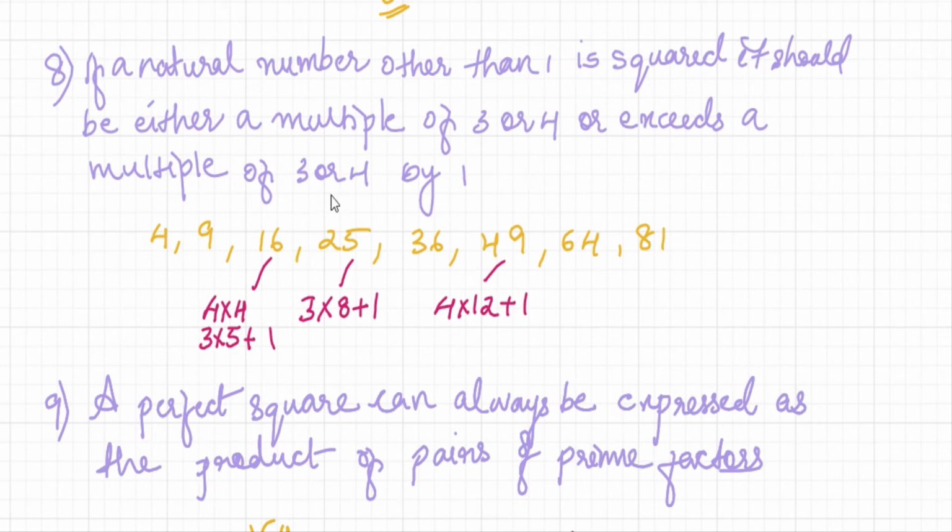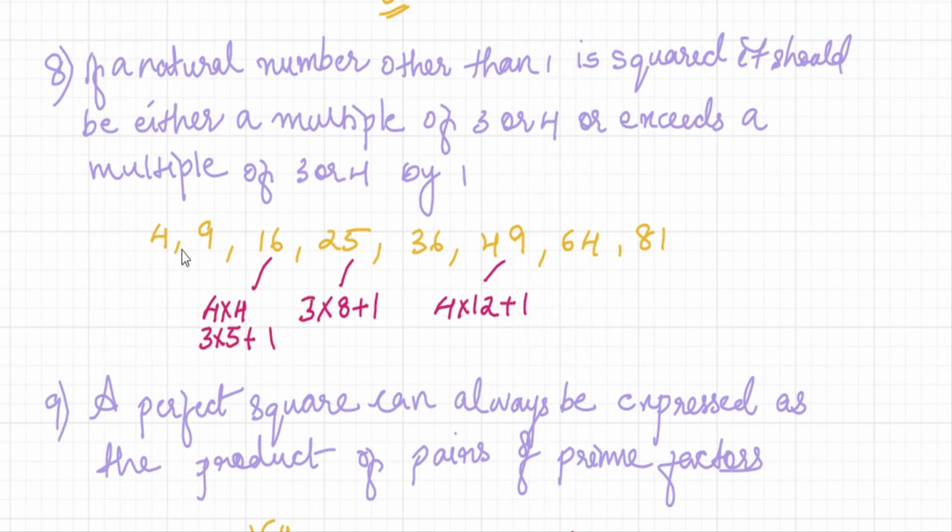That is, if a natural number other than 1 is squared, from 2 onwards, the perfect square will be either a multiple of 3 or 4 or exceed a multiple of 3 or 4 by 1. Let us see some squares between 4 and 100.